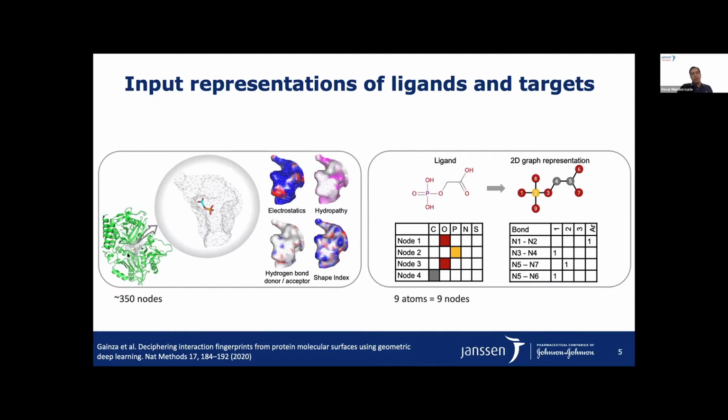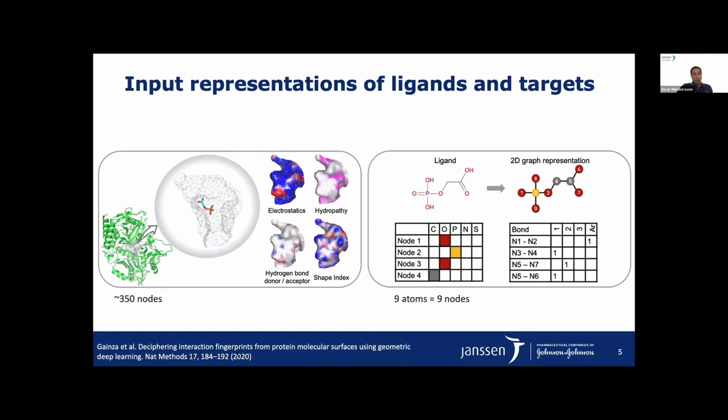You can see that they calculate the molecular surface of the protein, and then using this molecular surface, they describe the surface as a mesh. I think everyone has seen this in any software. But the thing they did is that in each node of this mesh, they calculated certain properties. They encode properties related to electrostatics, hydropathy, hydrogen donor and acceptor, and a shape index, which is how the curvature looks at this specific point.